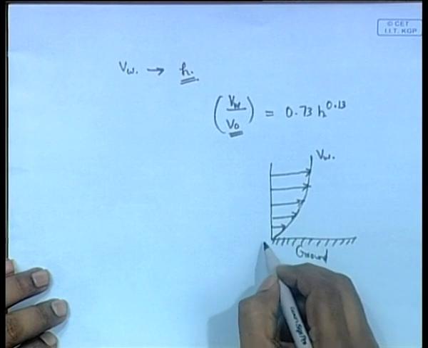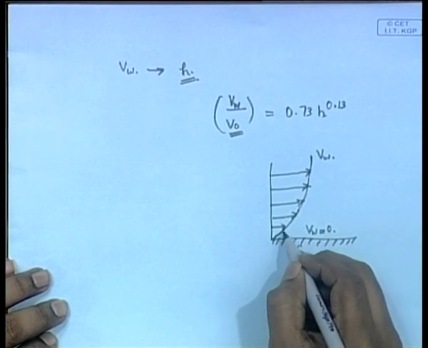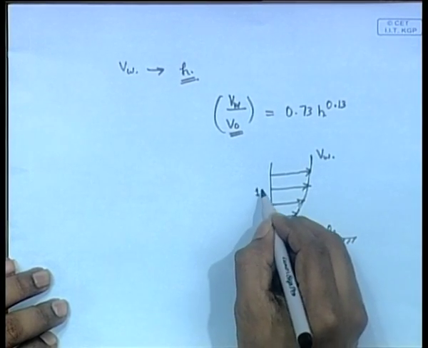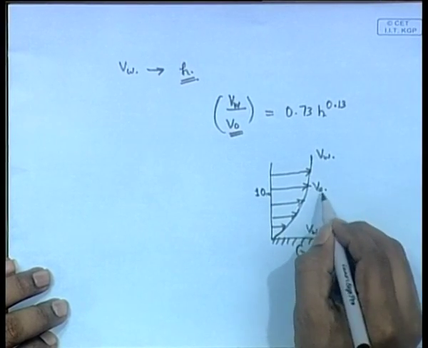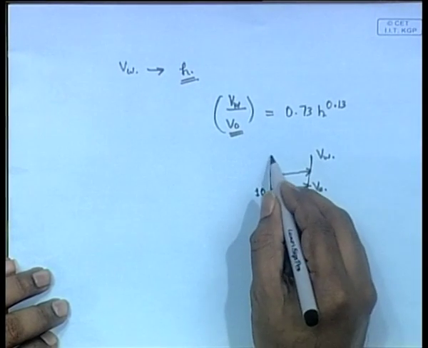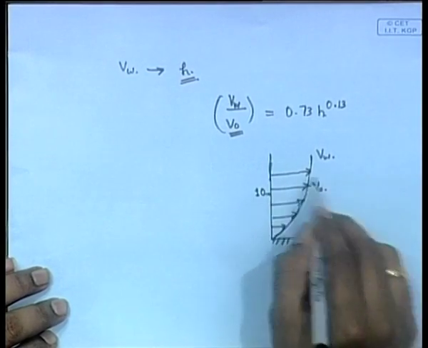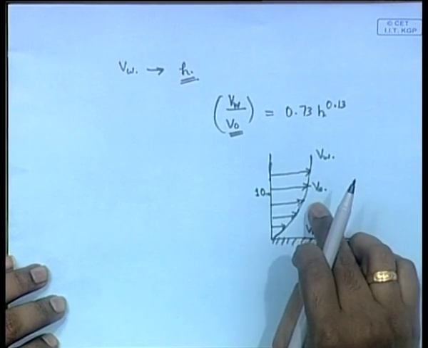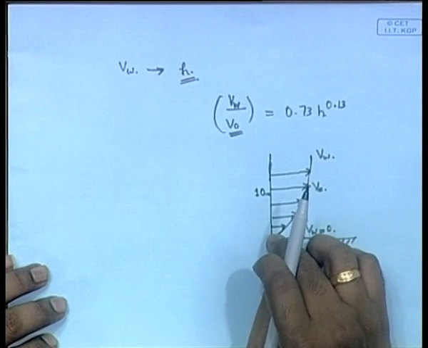Immediately at the ground the wind velocity is 0, and slightly above it the velocity increases. Somewhere around 10 meters we define V0, and VW is at any other height apart from 10 meters. This is the general profile of the wind in the boundary layer.